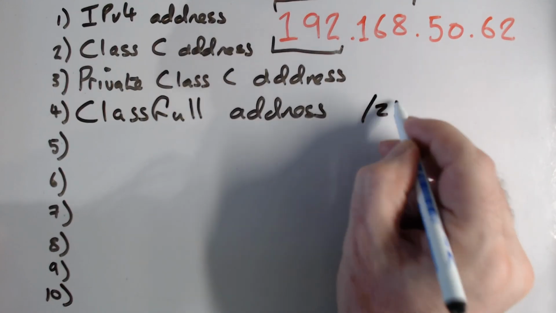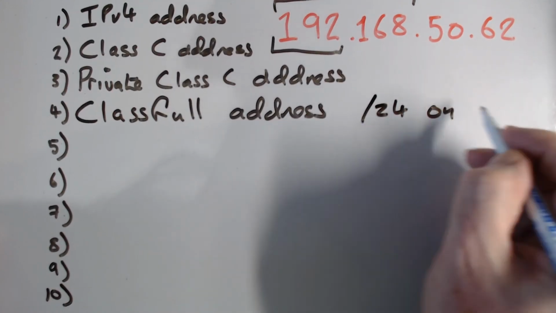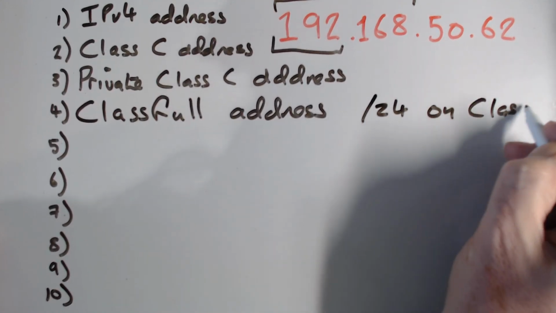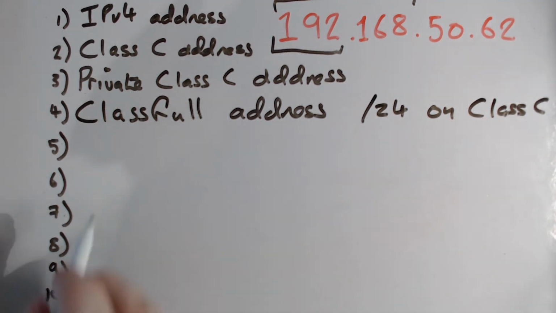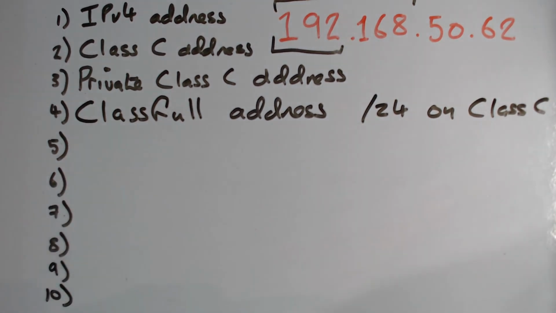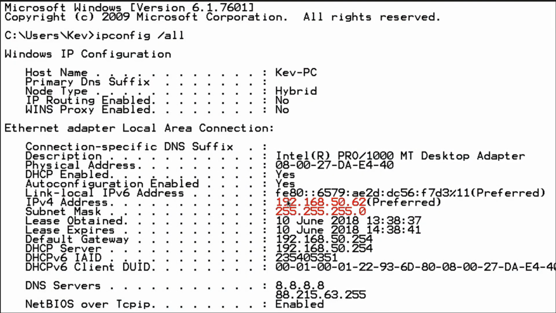So we've got a /24 on a Class C, which makes it a classful address. So there was one last thing we could say about it. However, to say any more, we really need to bring the subnet mask into the equation. And what was the subnet mask? 255.255.255.0, and we'll do that in the next video.